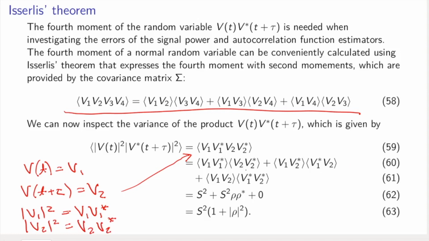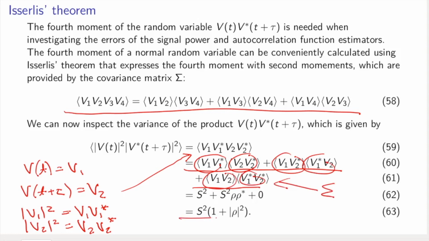And using Isserlis' formula, we can express this four product as two products, and each one of these two products we can figure out using the joint distribution sigma. And we can obtain this result.